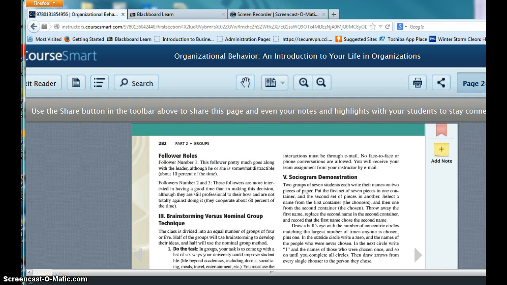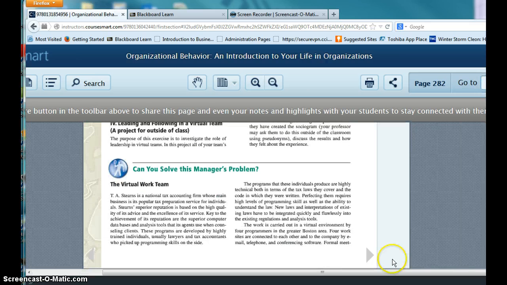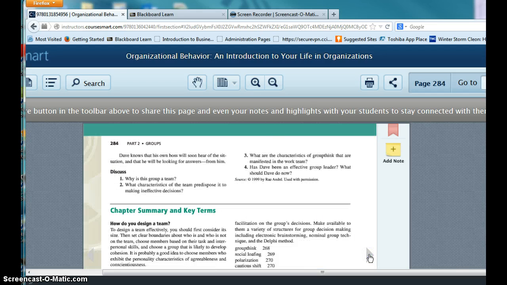So here's your textbook. And the case starts at the bottom of page 282, and then it runs all the way over to the very top of page 284. And here's the 4 questions that you're going to answer about this case.